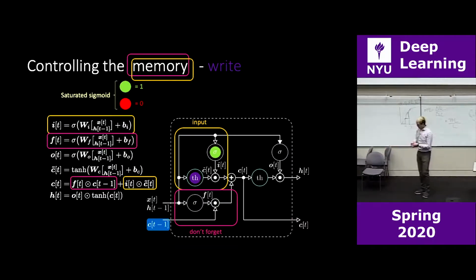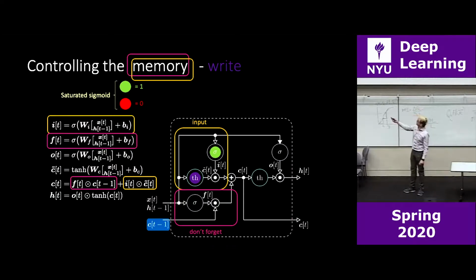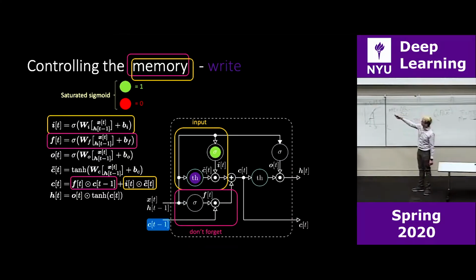In this case, if my forget gate is always equal to 1, then you get C_t equal to C_{t-1}. What is the partial derivative of C_t with respect to C_{t-1}? It will be 1, right? So the partial derivative, the thing that you actually multiply every time, is going to be 1.